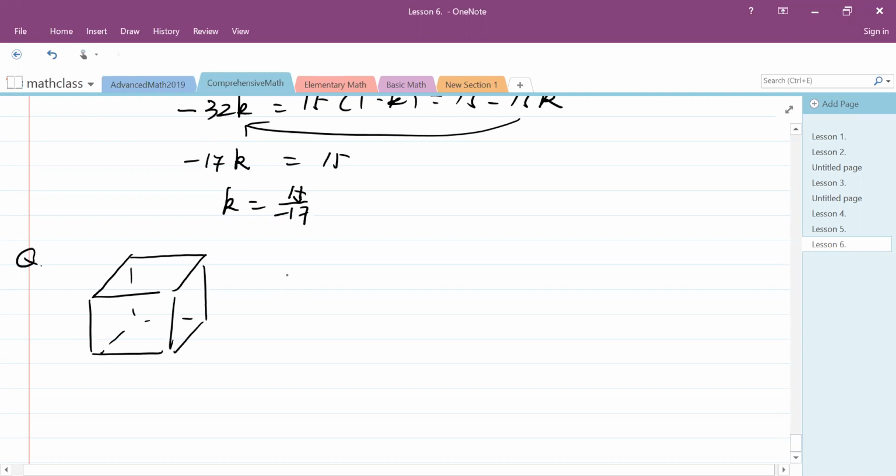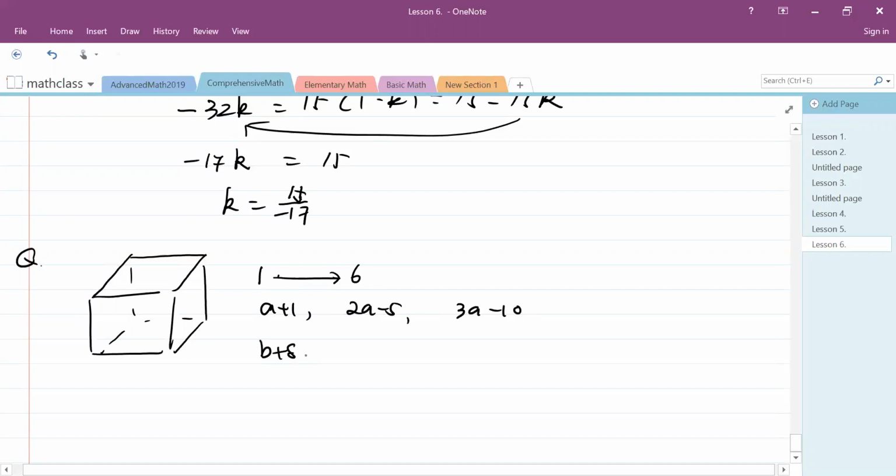So this cube, all the numbers are different, okay? And these are the numbers from 1 to 6, but they are expressed in the following form. So a plus 1, 2a minus 5, 3a minus 10.